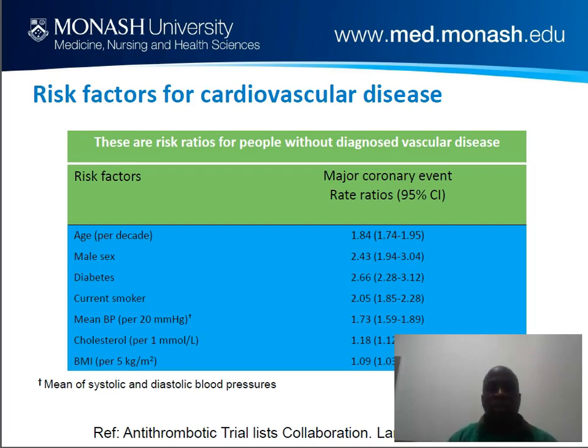The body mass index basically is an indicator for obesity and being overweight. Any ratio rate above 1 indicates severe risk. But for good health, ratio rates must be below 1.